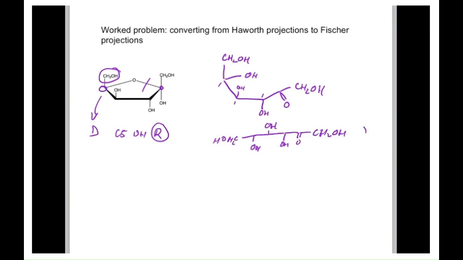And then we're going to rotate 90 degrees in a counterclockwise fashion. And add in our hydrogens. And there we have the Fischer projection from the corresponding Haworth projection.